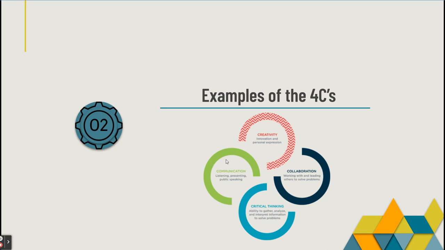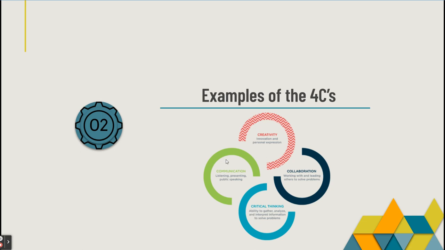And that's fantastic. It works best when they're all put together, but as long as students are practicing these skills individually or in pairs or triads, then that's fantastic. They're still working on those 21st century skills.